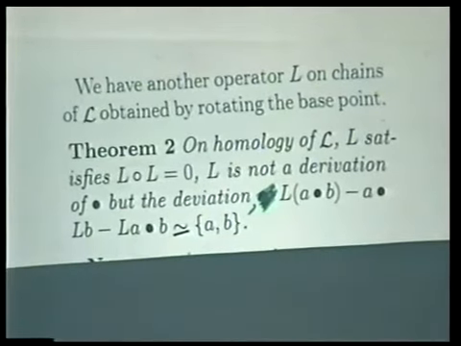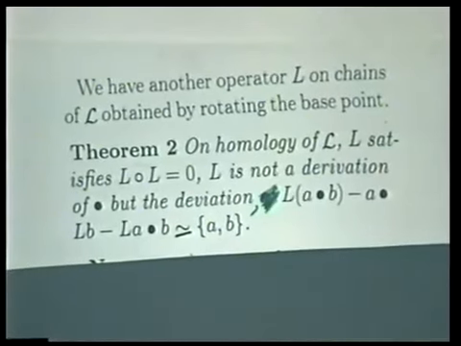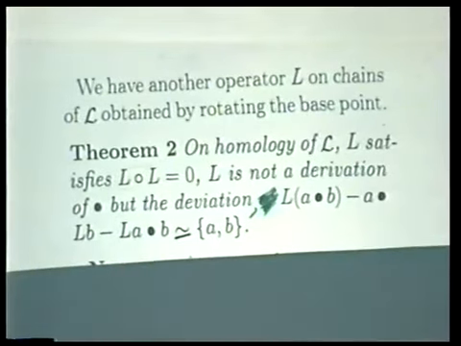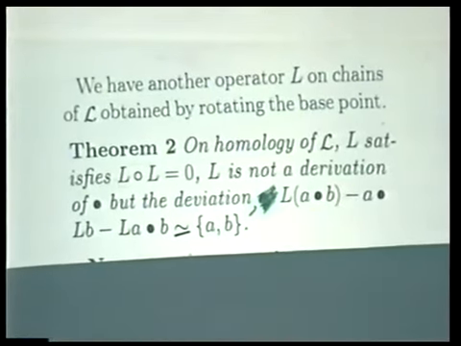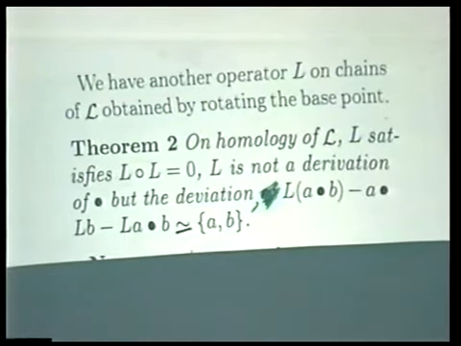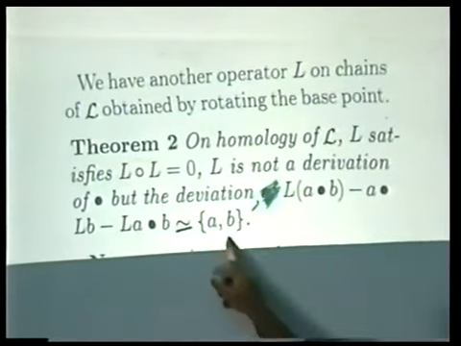So, in fact, we didn't really need to introduce the bracket. We could have just said, hey, here's this multiplication, very simple to define. L is already there. And if you form this deviation from being a derivation, you get a binary operation that satisfies Jacobi and compatibility with the multiplication. It follows formally that L is a derivation of this bracket.